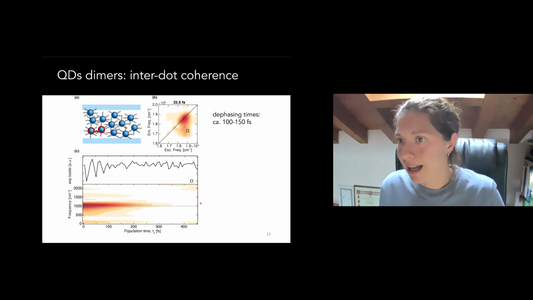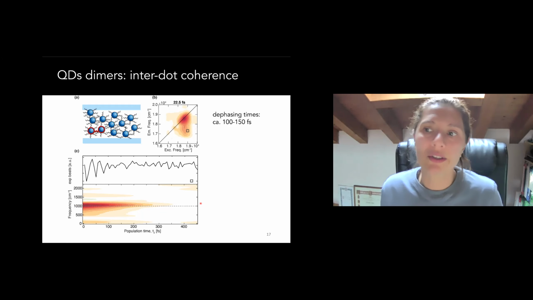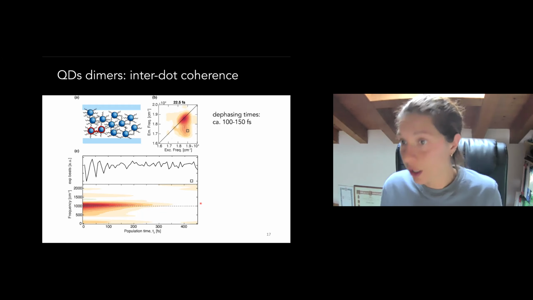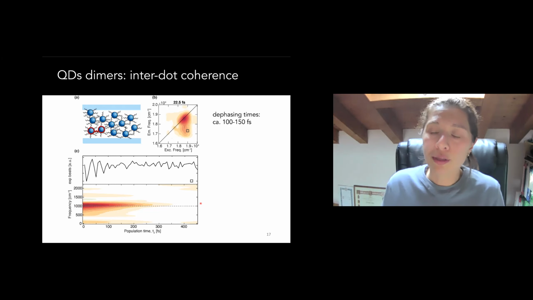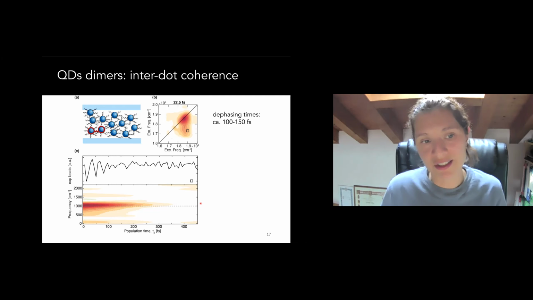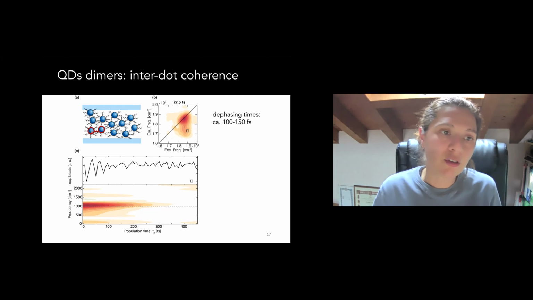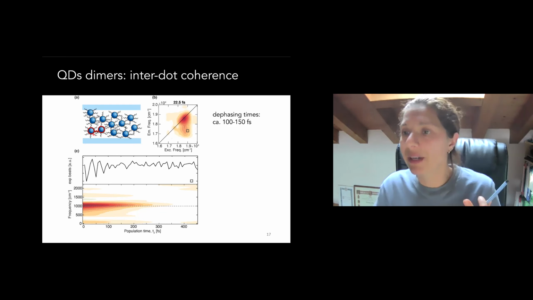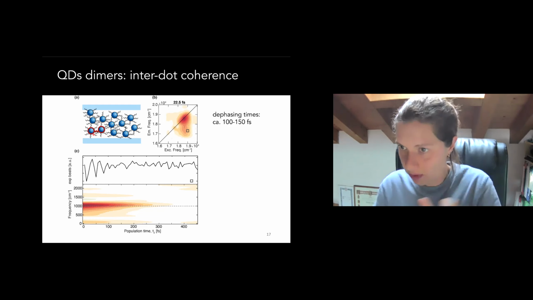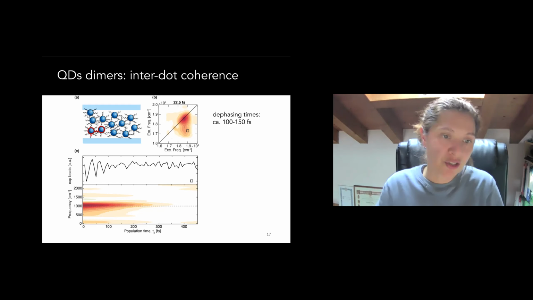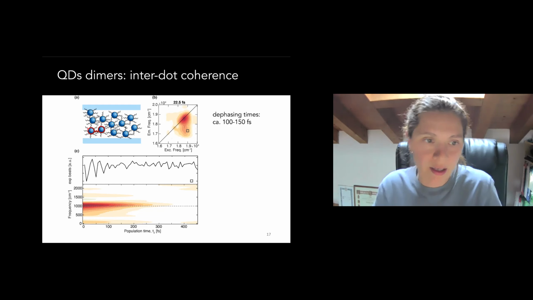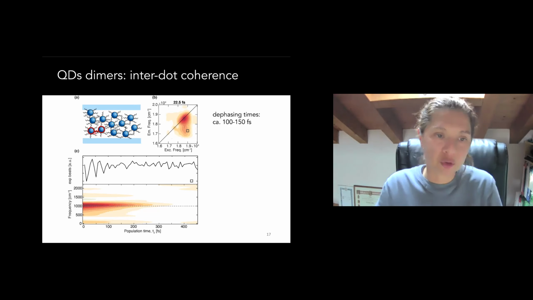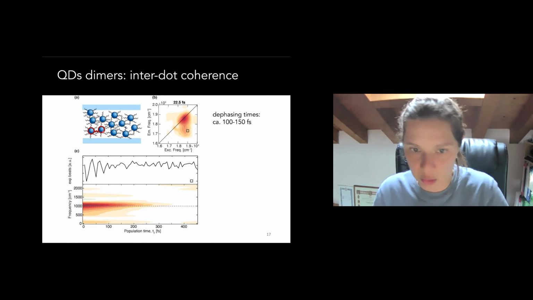This is still a matter of investigation. We are still trying to understand the origin of this phenomenon, although theoretical simulations are suggesting that this behavior can derive from the peculiar properties of this wave function delocalized over at least 2 quantum dots, like drawn in this scheme, in this cartoon.